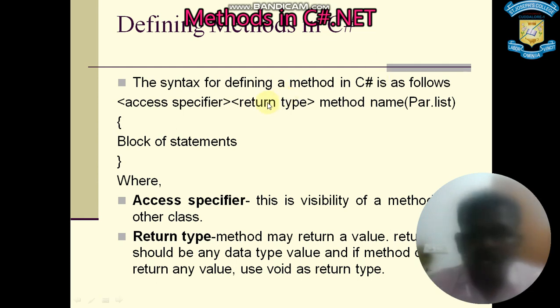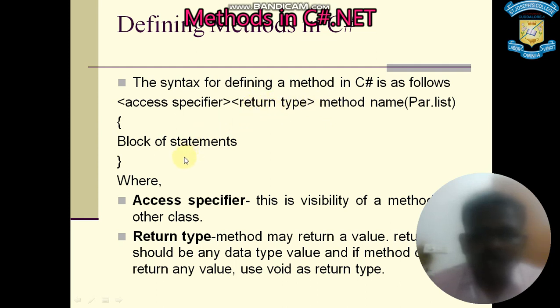The second one is return type. We should specify a return type, any data type. Suppose the method returns a value, the result of what you manipulate here, then we should specify the data type.